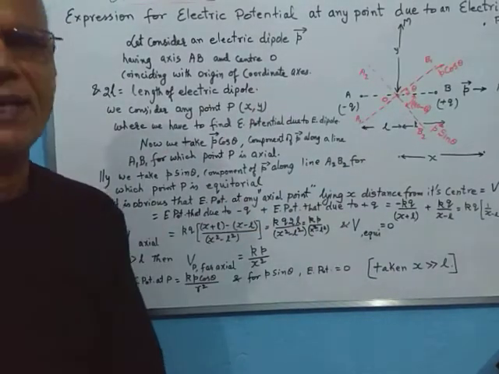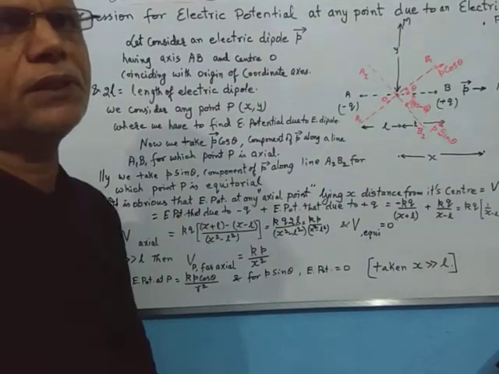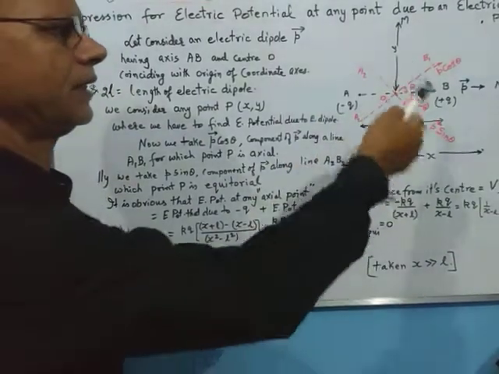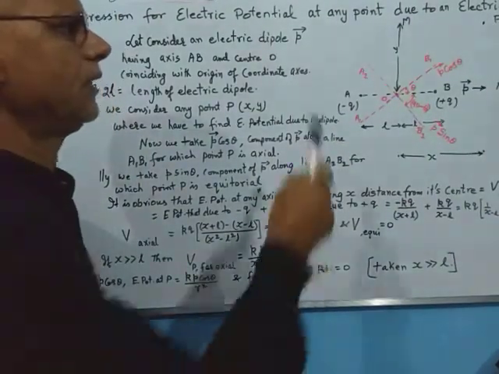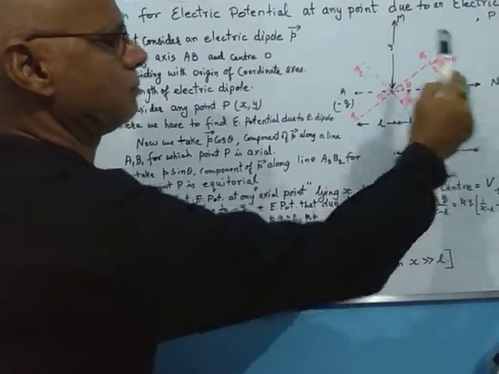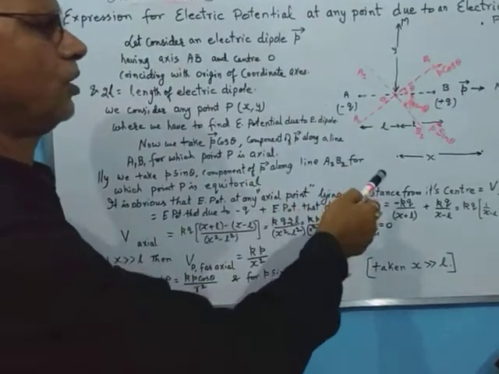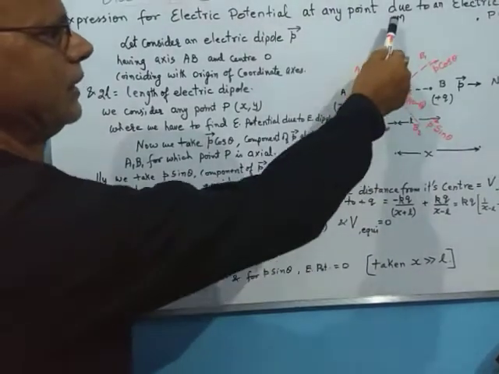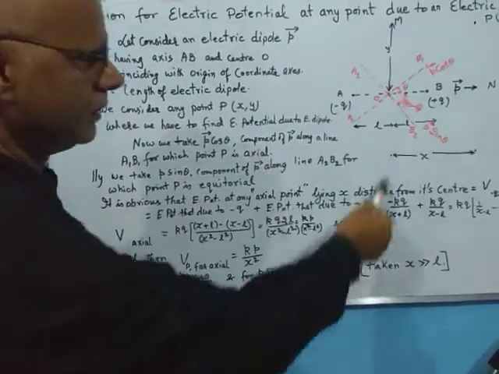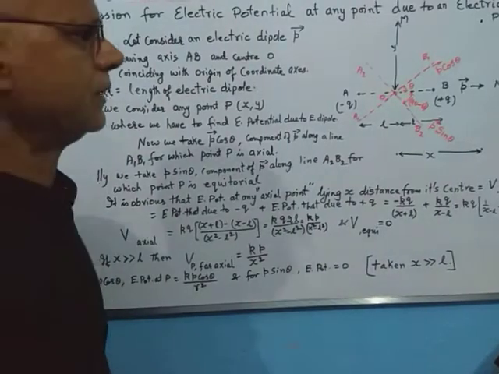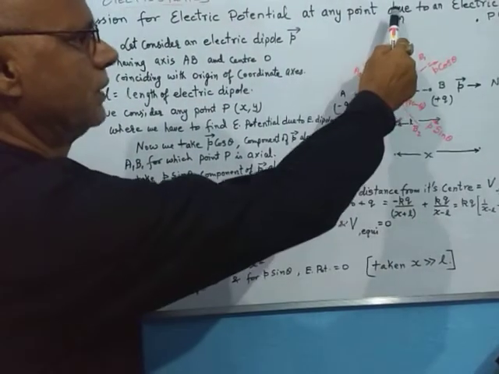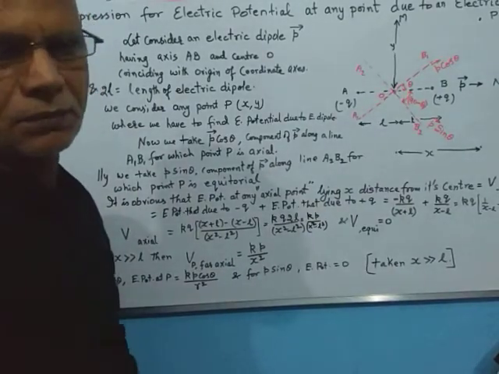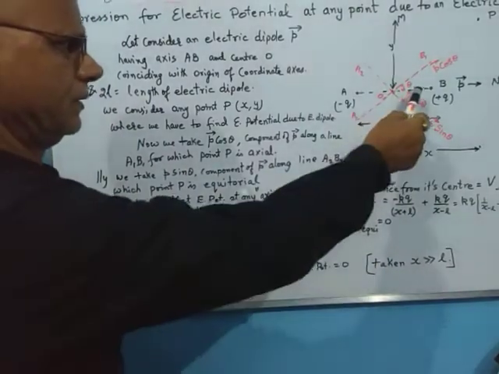We want to generalize the case, but before we really do it, we will find the electric potential due to an electric dipole at an axial point, meaning any point which lies on the extended part of the axis, or at an equatorial point, meaning any point that lies on the equator, the perpendicular bisector line of the dipole.